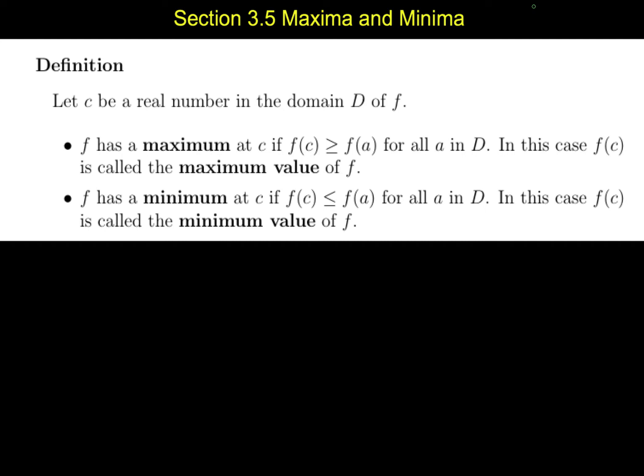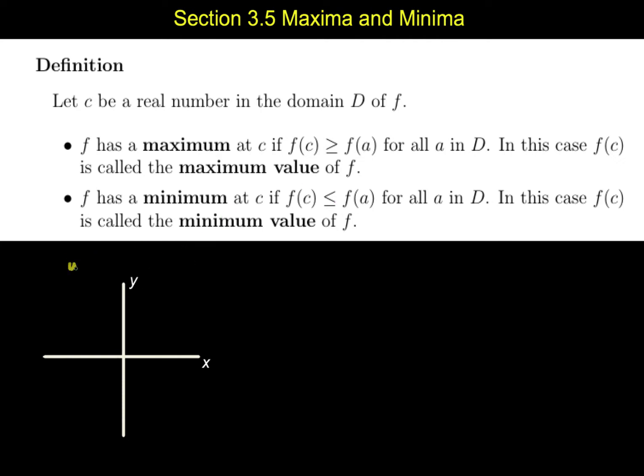So there are several scenarios that can occur with any function. It could have one maximum, many maxima, one minimum, many minima, or no maximum or minimum. Let's look at a couple of examples here. So we could have a function like 1 over x.